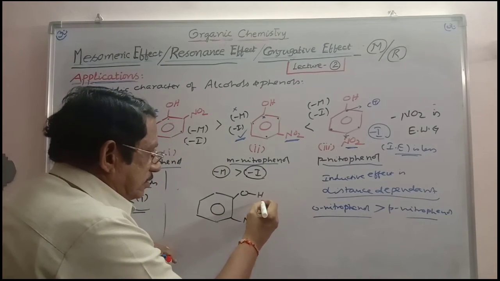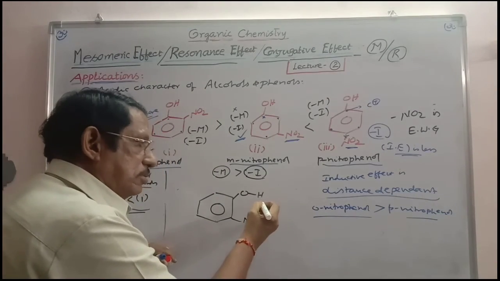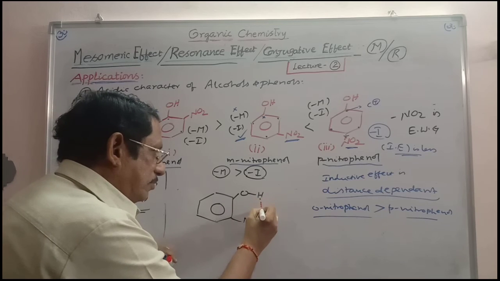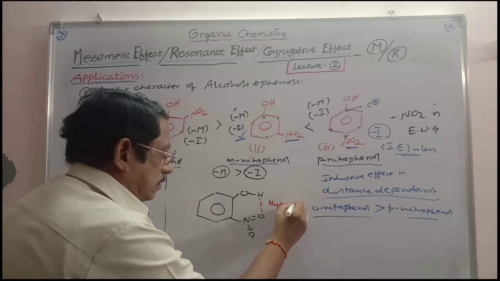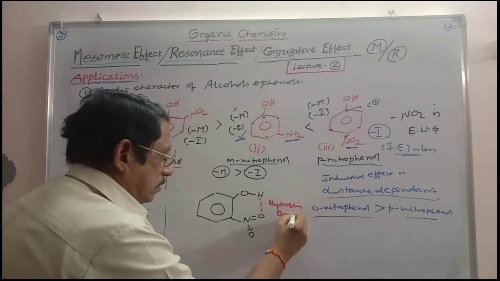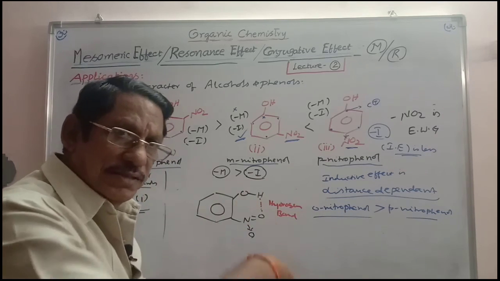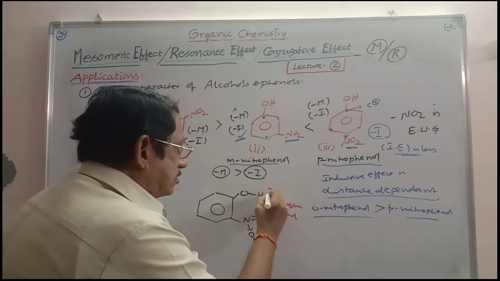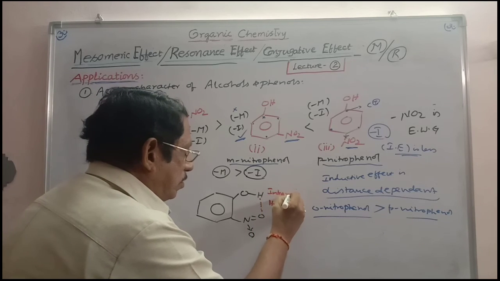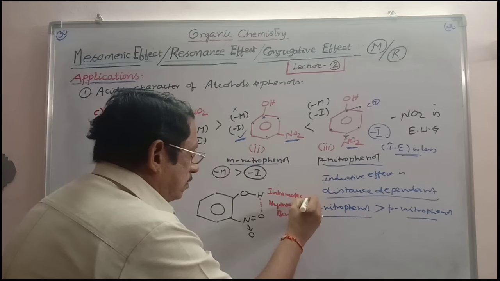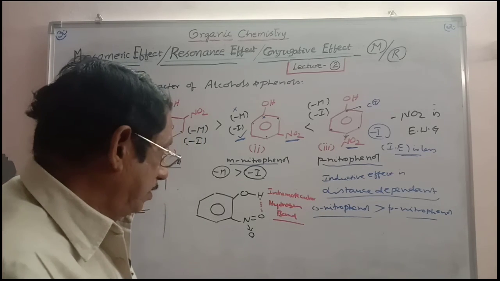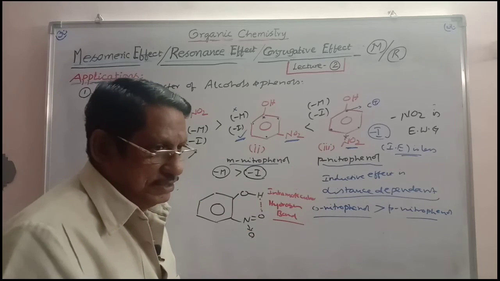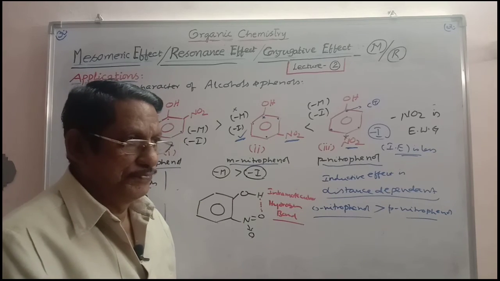Hydrogen will be attracted towards the electronegative oxygen through a hydrogen bond. As it exists in the same molecule, it is called intramolecular hydrogen bond. That is not present in the case of paranitrophenol because the distance is larger.